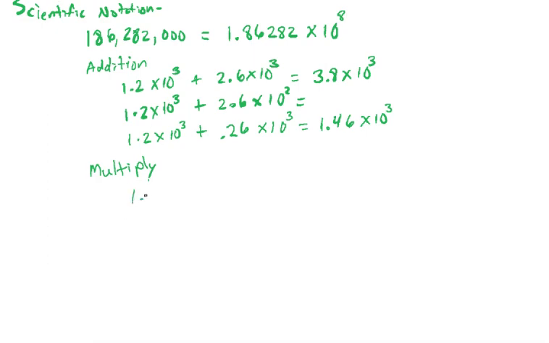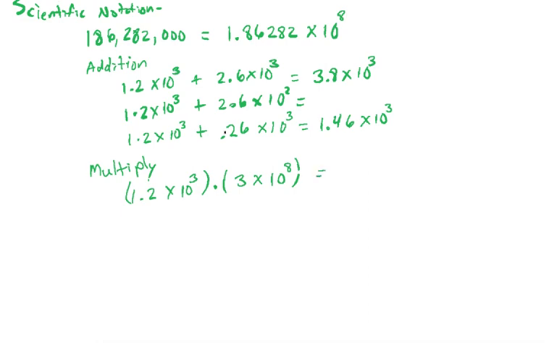So we could have 1.2, I'll go with that number again, times 10 to the third, and this time we'll do times, and we'll pick something a little easier. Let's do 3 times 10 to the 8th.